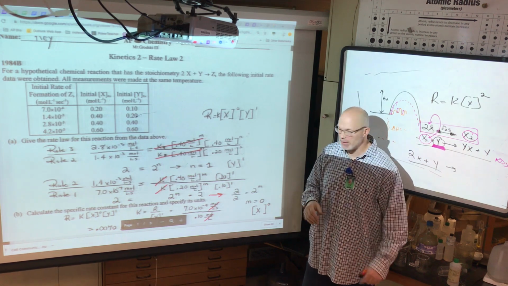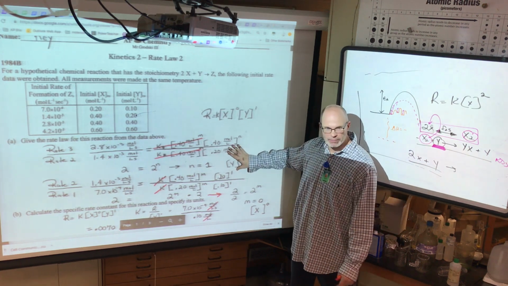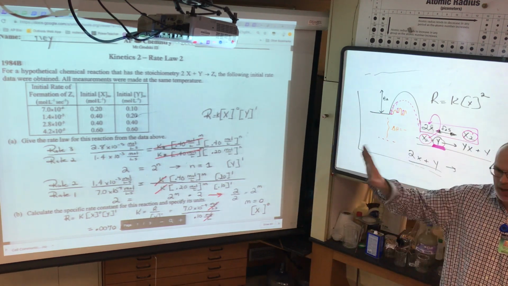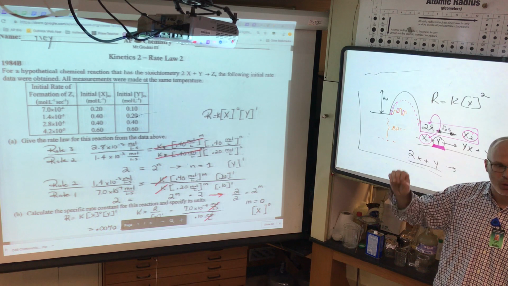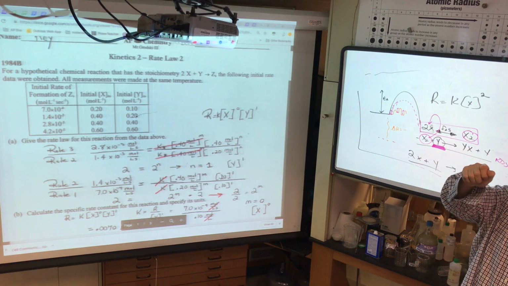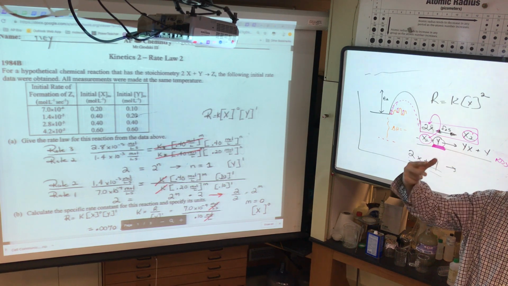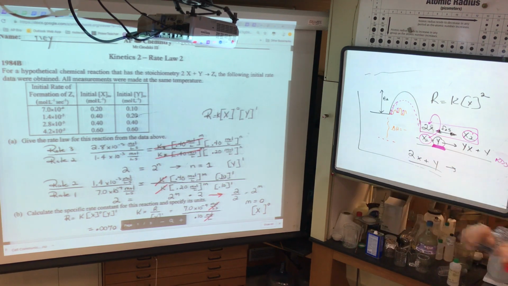This takes too much time, okay? So if they say give support, say, listen, I kept X constant, Y doubled, my rate quadrupled, and I showed them 2.8 times 10 to the negative 3 divided by 7 times 10 to the negative 4 equals 4, and the square of 2 was 4. Boom, okay? Do put some words there. Don't just show math, because sometimes they don't think that you know what the math means, okay?